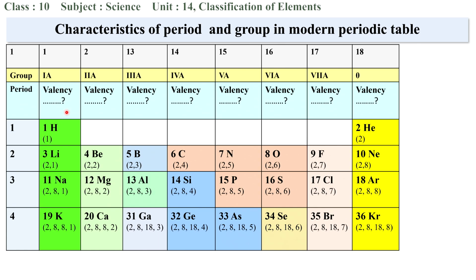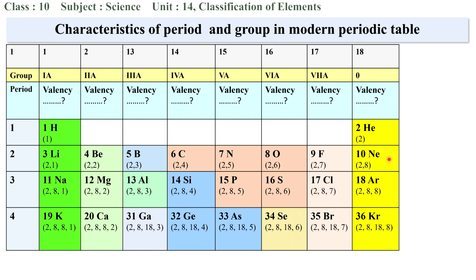But one question to you is the valency. Let's find out the valency. What is the valency of group 1A? Think properly. Later on I will instruct what the valency is. Then group 2A, what is their valency? Group 3A, what is their valency? 4A, what is their valency? 5A, 6A, 7A and group 0.